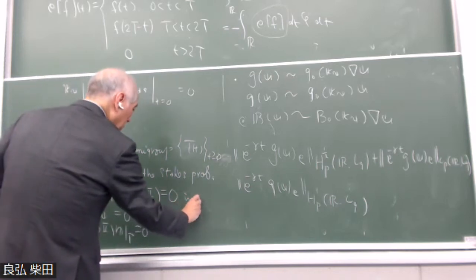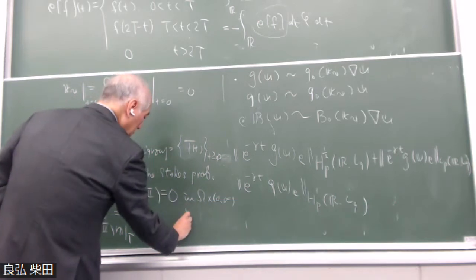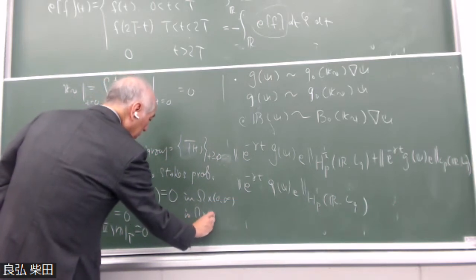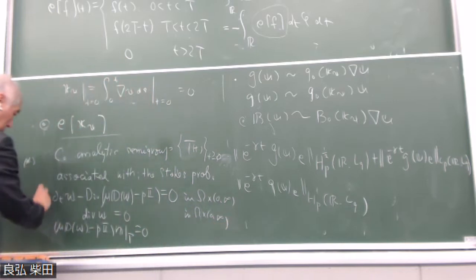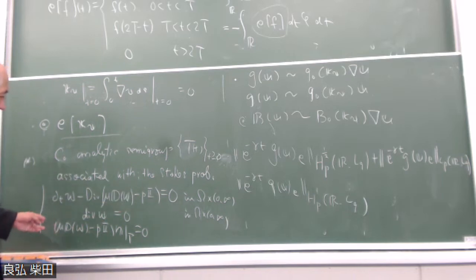This is in omega. Omega equals 0. This is the boundary condition. And then, of course, the pressure P exists. Therefore, it's not a semi-group setting.